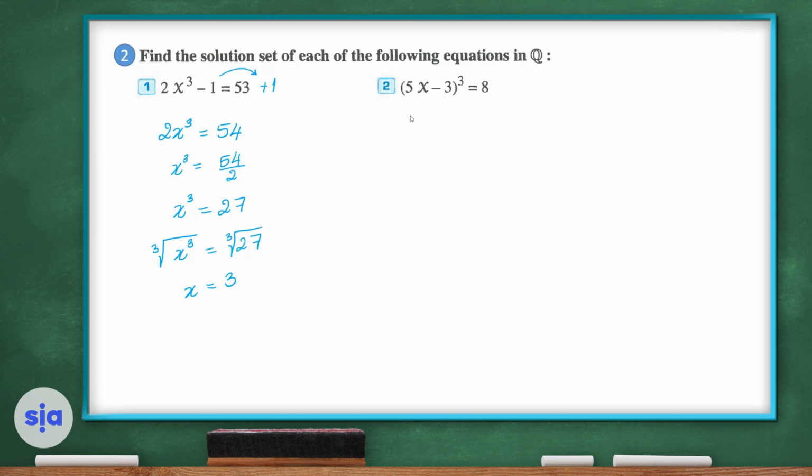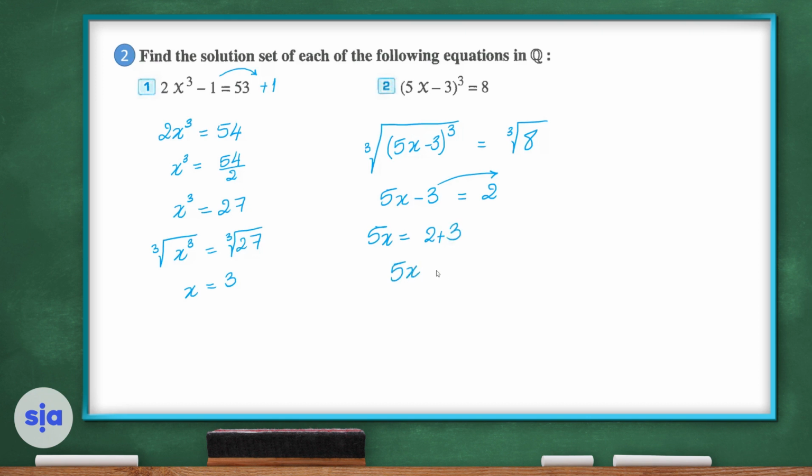Question 2. We're going to make a cubic root on both sides of the equation. So 5x minus 3 equals the cubic root of 8, which is 2. Move the 3 to this side. 5x equals 2 plus 3.